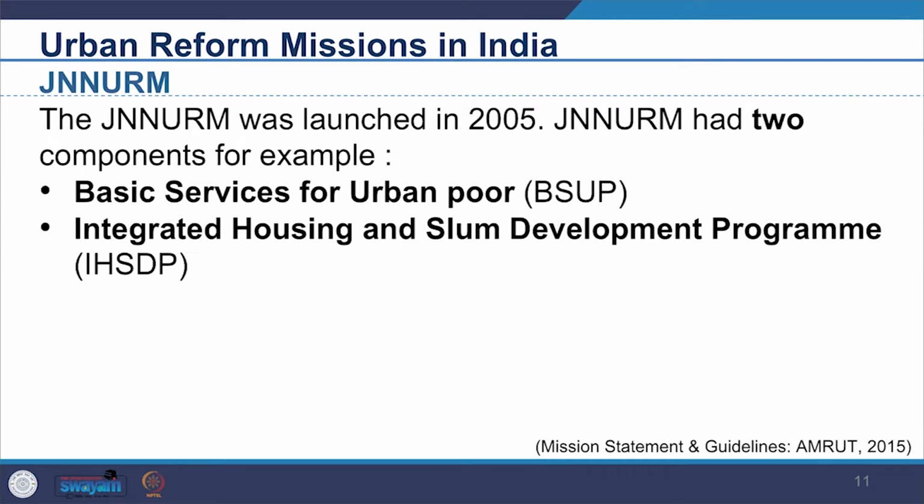JNNURM implemented by the ministry had two components: Basic Services for Urban Poor, abbreviated as BSUP, and Integrated Housing and Slum Development Programme, IHSDP, which aimed at integrated development of slums through projects for providing shelter, basic services and other related civic amenities with a view to providing utilities to the urban poor.